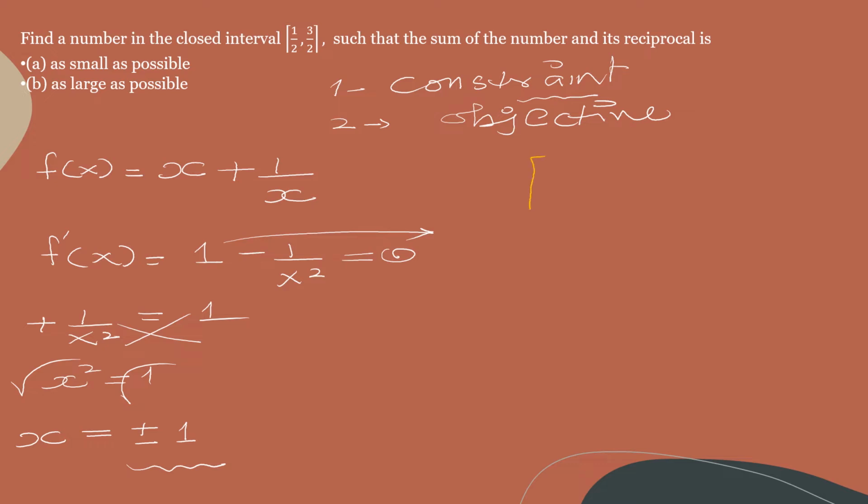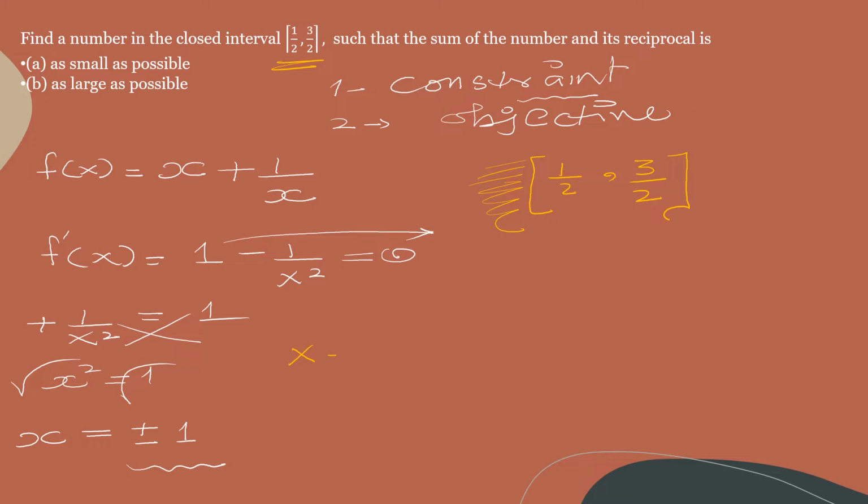Look at the closed interval that is given to us, that is 1/2 to 3/2. So we need the x value which is within the interval. You know that negative 1 is out of the closed interval, so we will not take negative 1 as our critical number.